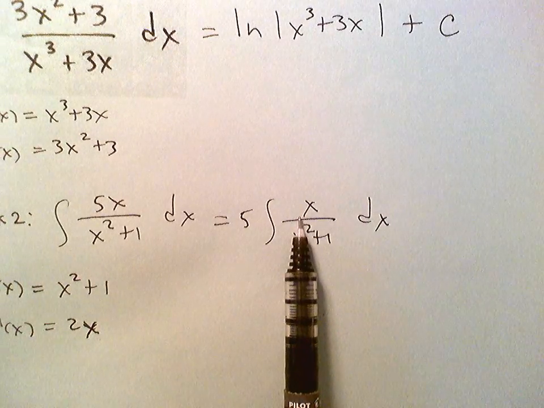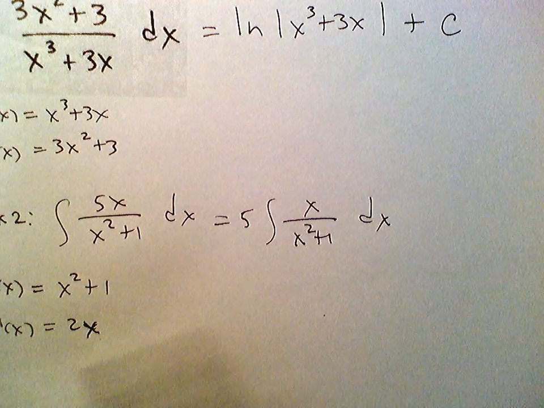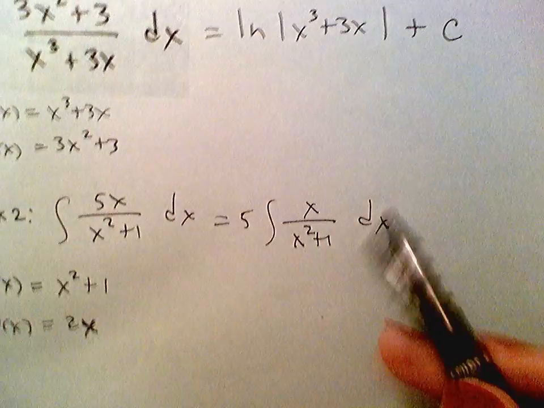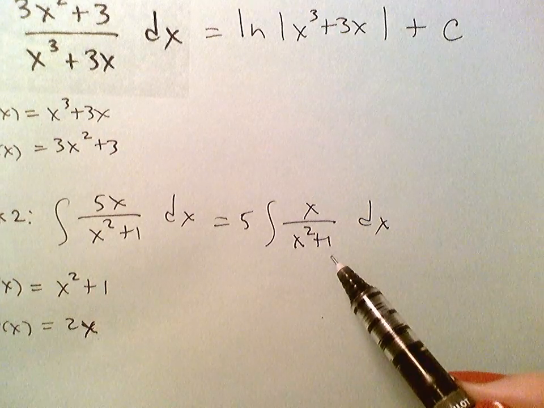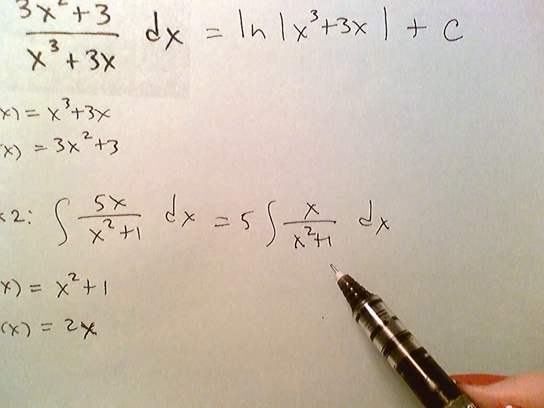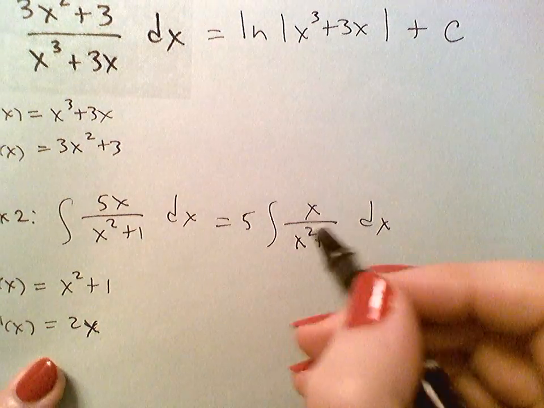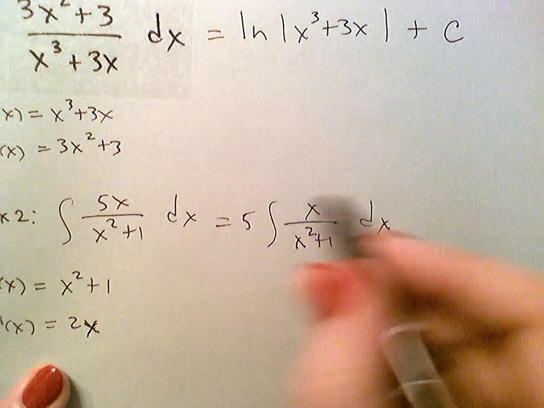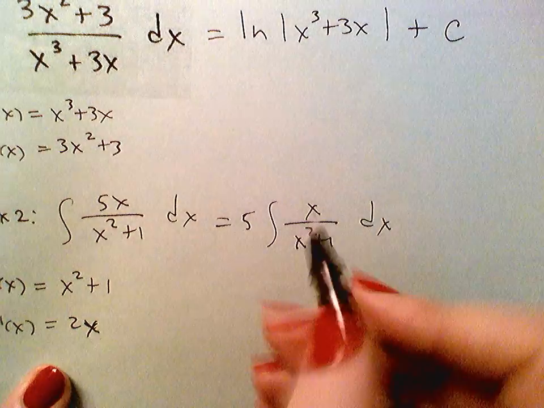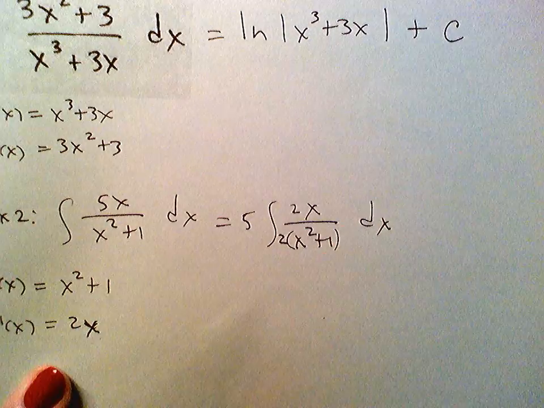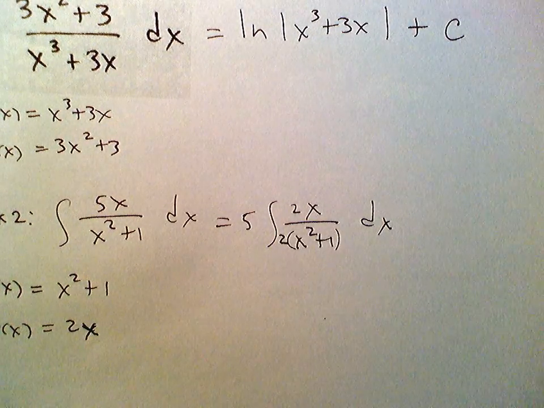So now I just have a regular x, but I want a 2x. If this numerator were a 2x, then this function would be of the form f prime of x over f of x, and then I could use the formula. Well, let me do this trick. Let me go a little bit slower. I can go 2 over 2, and I have not changed this at all.